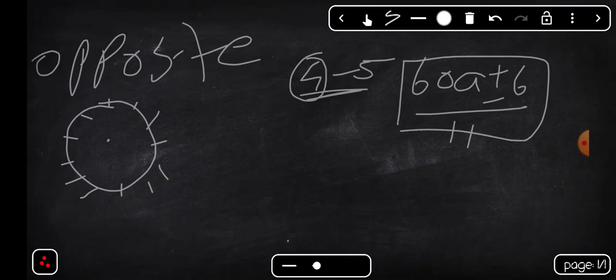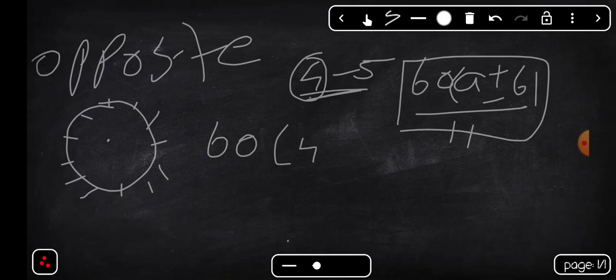A means the first time, that means 4 o'clock. We should keep it in brackets, that will be better.